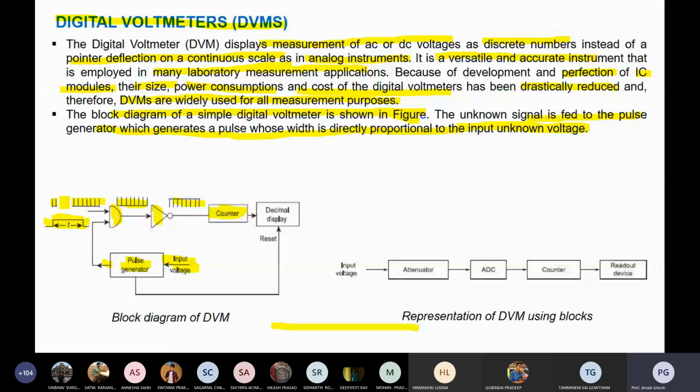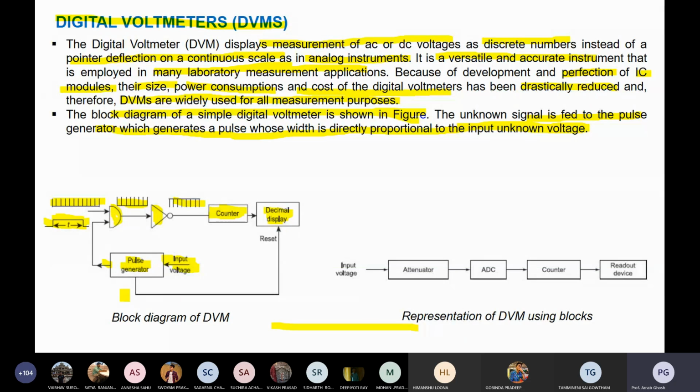And you are getting only the discretized value. Then the NOT gate inverts it. Then the counter: what is its purpose? It is counting all those values and reconstructing the equivalent digital value, and that decimal value is given to the display.